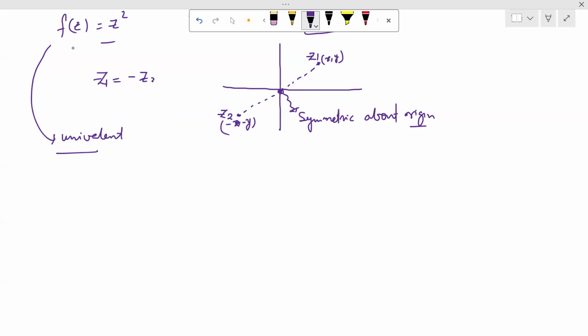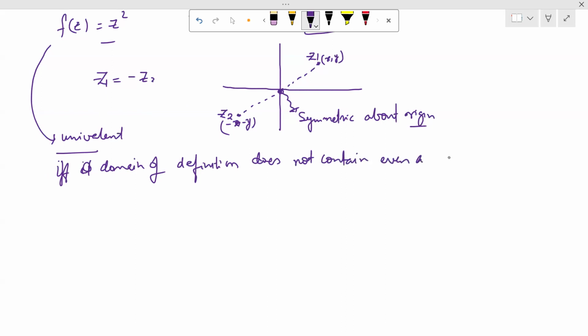So this function f(z) equal to z square can remain univalent if and only if the domain of definition does not contain even a single symmetric point with respect to the origin. Otherwise, it will not remain univalent anymore.